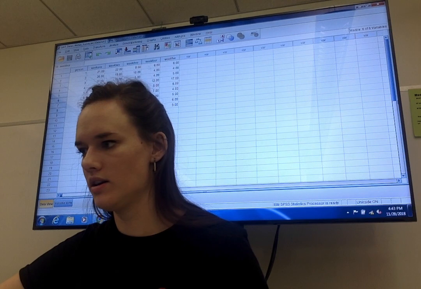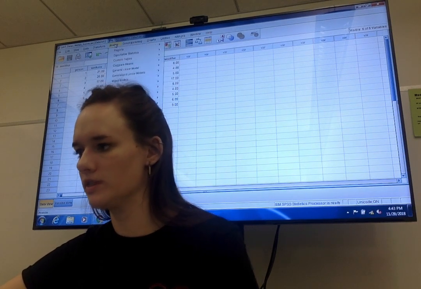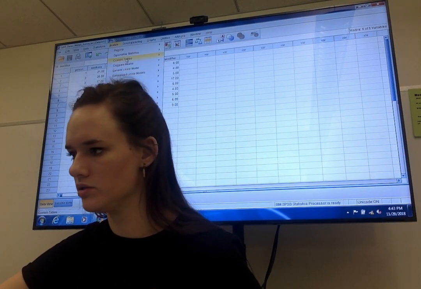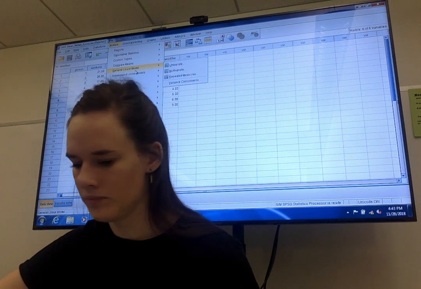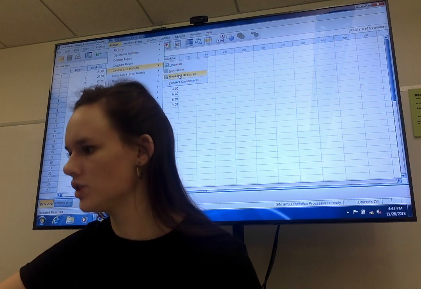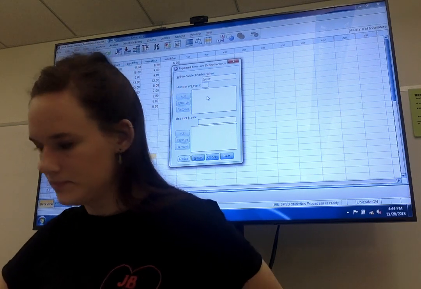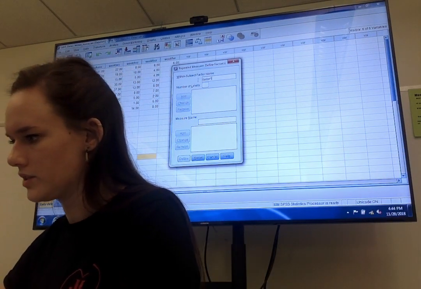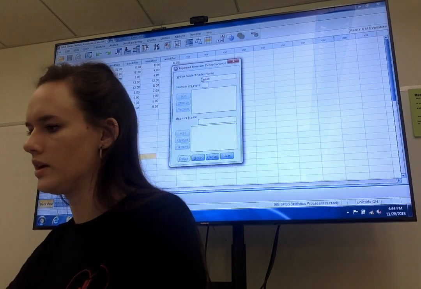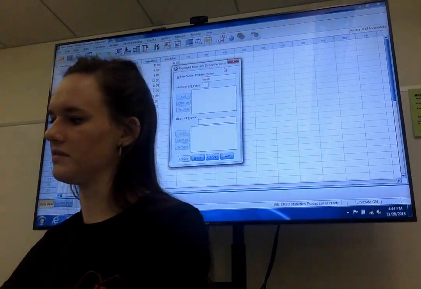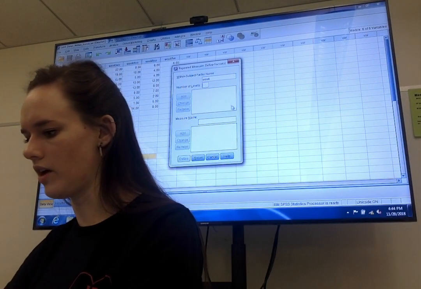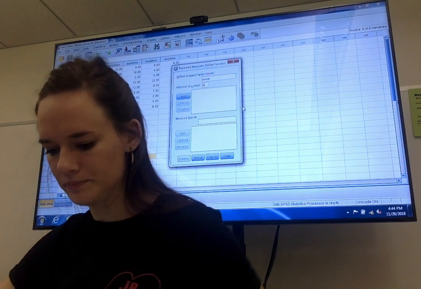Okay, so then next to run the within subjects ANOVA, we're going to go to General Linear Model, and then Repeated Measures, because we have repeated measures. So we're going to call the factor name week, so we can consolidate the 5 different things that we have. Our number of levels are 5.